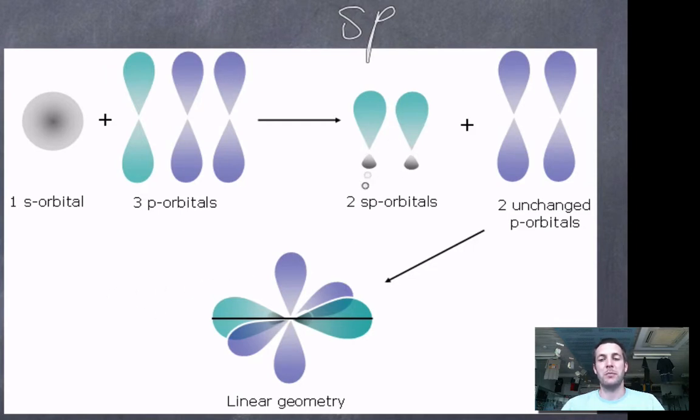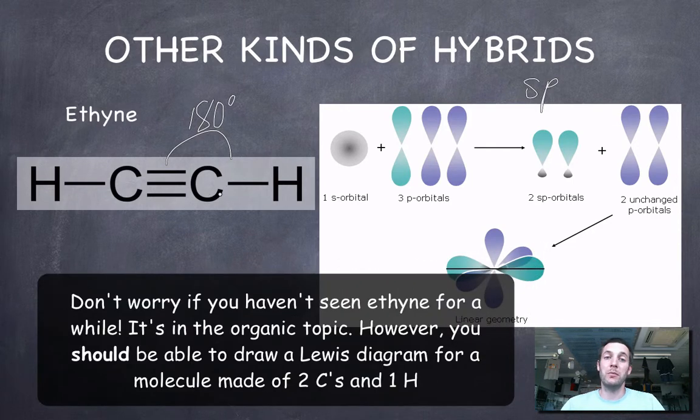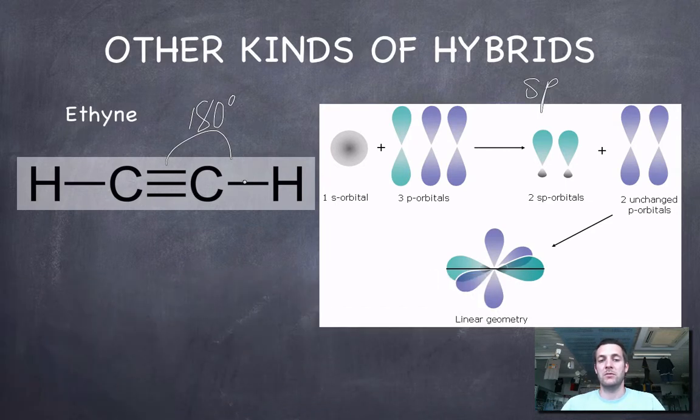These orbitals happen to have, the quantum mechanical theory tells us, and if we do the number crunching, a geometry of 180 degrees apart, and that explains why we've got a 180 degree bond angle in ethyne, which we'd be able to predict just by drawing an electron dot diagram, because there's 2 charge centers around this carbon. Okay, so we'd end up with a 180 degree bond angle.